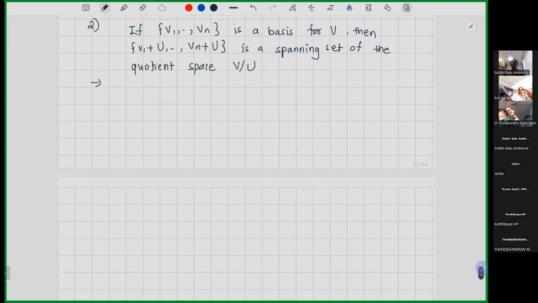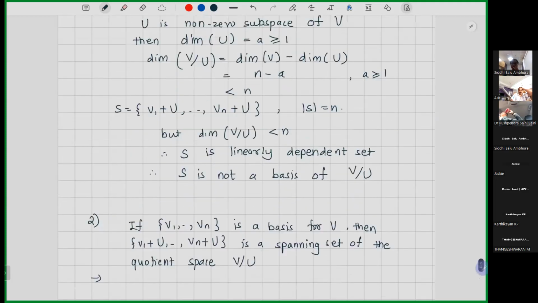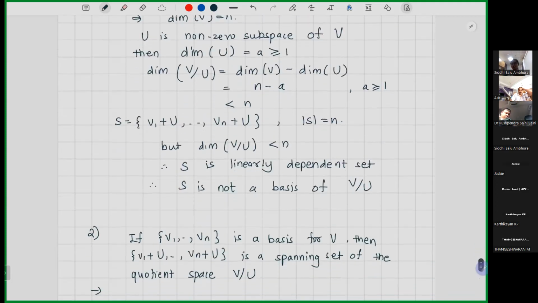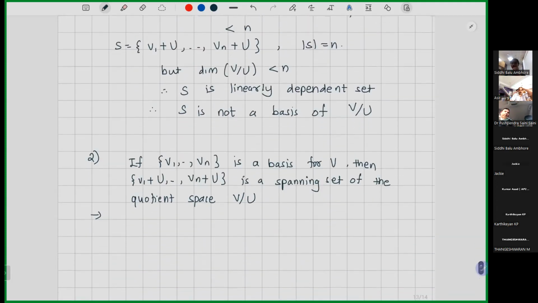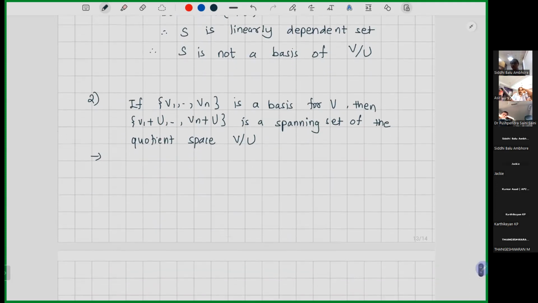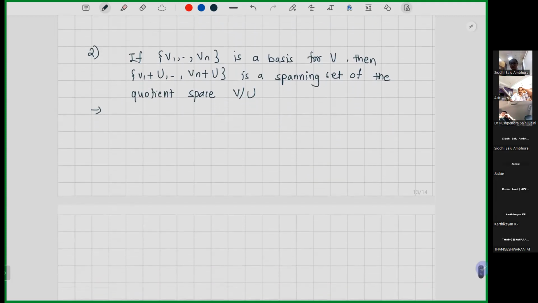Now V1 to Vn is a basis, but they are not talking about a basis. So V1 plus U up to Vn plus U is not claimed to be a basis. They are asking whether this spans our quotient space V mod U or not. And what is your guess here?